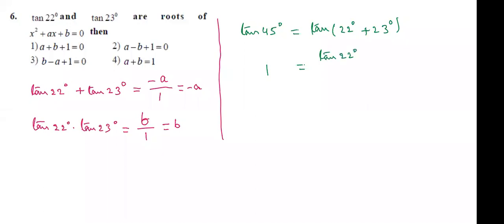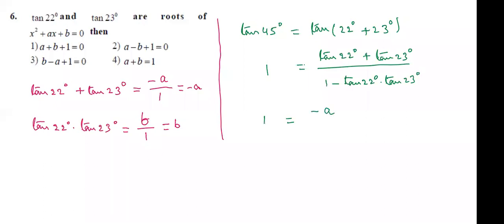Tan A plus B formula. Tan A plus tan B divided by 1 minus tan A tan B, tan 22, tan 23 degrees. Now 1 is equal to tan 22 plus tan 23 degrees. That means sum of the roots.